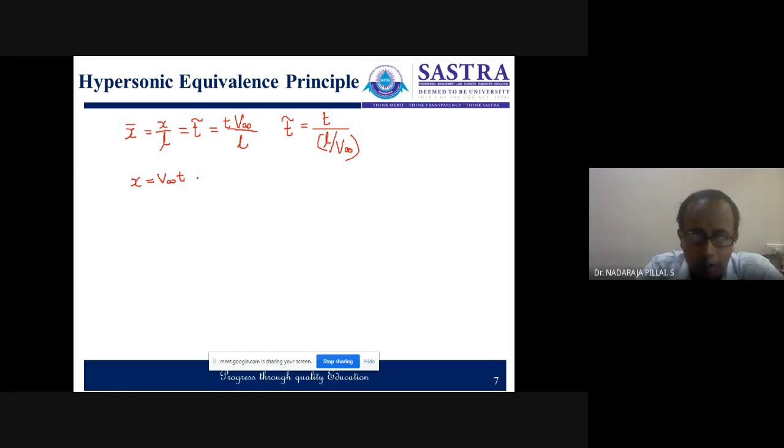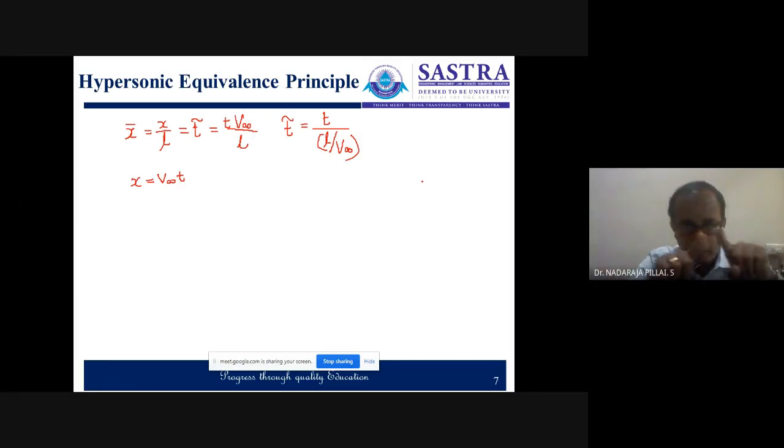So let us visualize a y-z plane perpendicular to the screen. Now a hypersonic body is moving at a velocity of V∞ that penetrates into the screen.